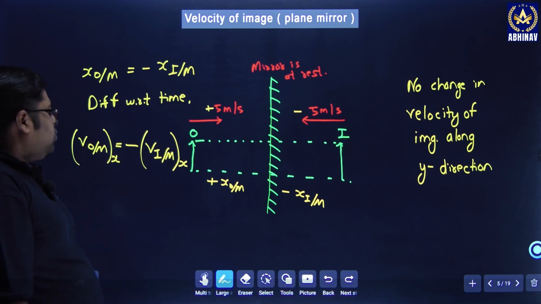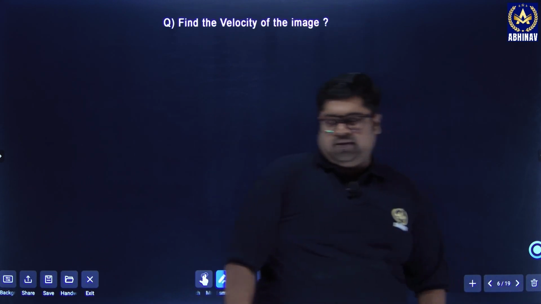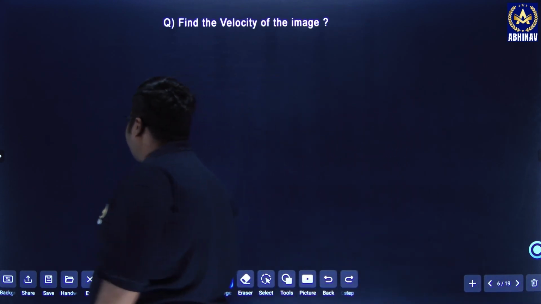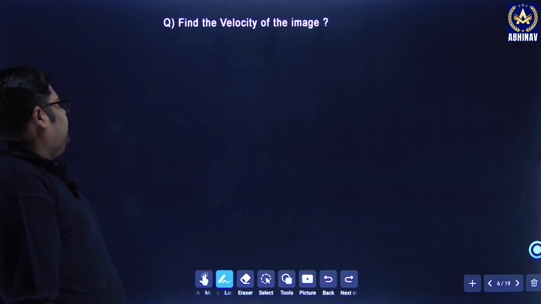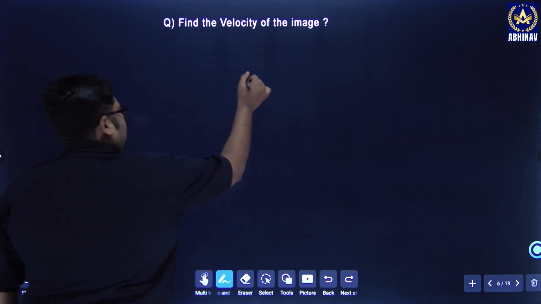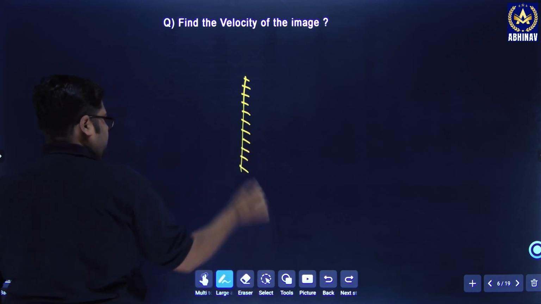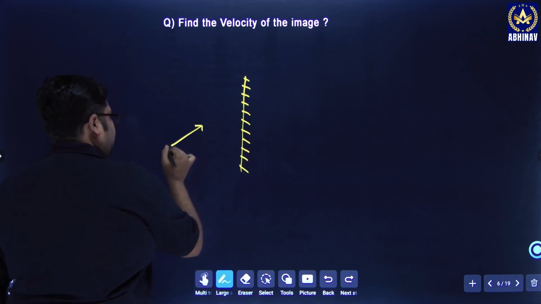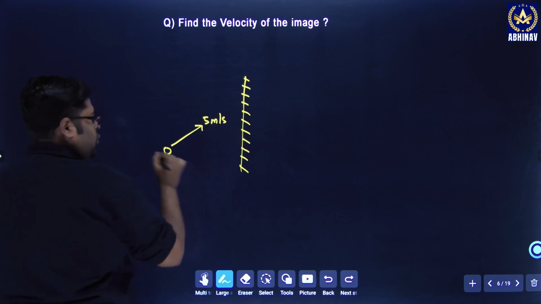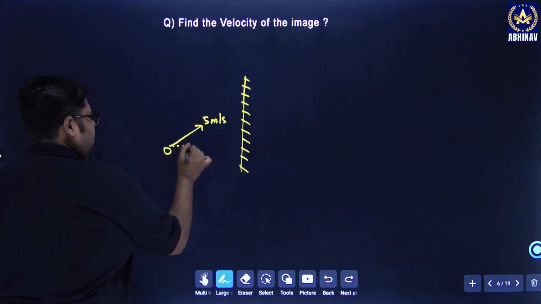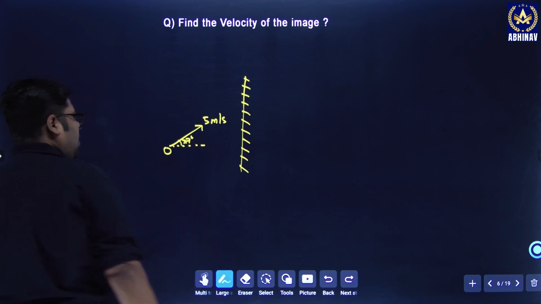Okay. So now let us see a few questions based on this. Find the velocity of the image. Now, this is our object moving with 5 meters per second towards a plane mirror such that it makes an angle of 37 degrees with the horizontal.